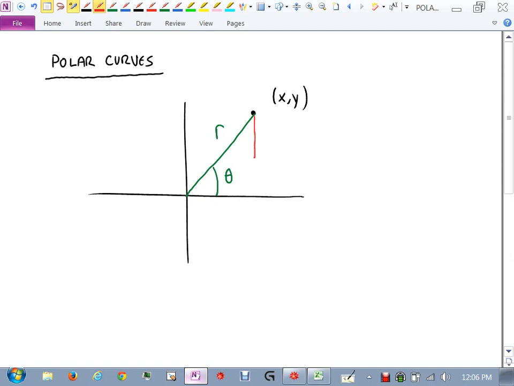And so, again, if we drop a perpendicular and create a right triangle, we have some new relationships. What are they? Cosine theta is what? Not just x this time, but x over r, and sine theta is y over r, which means that x is equal to r cosine theta, and y is equal to r sine theta.